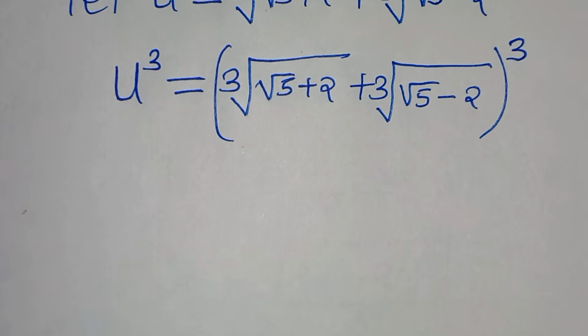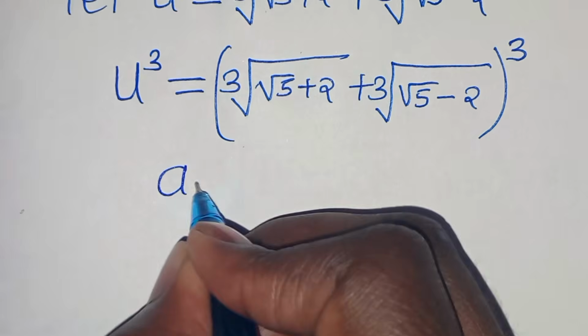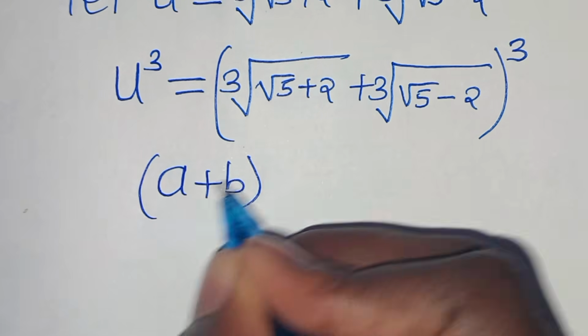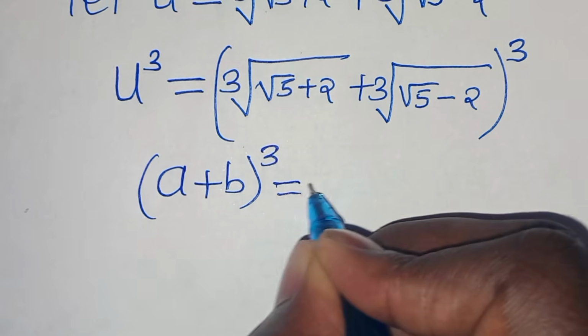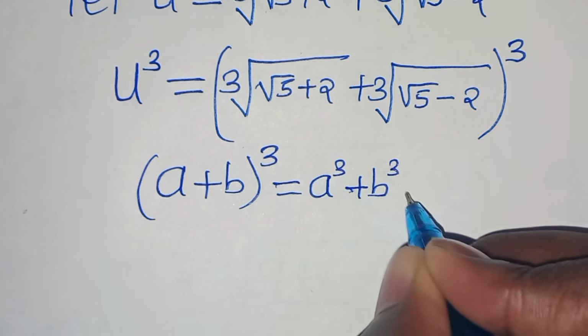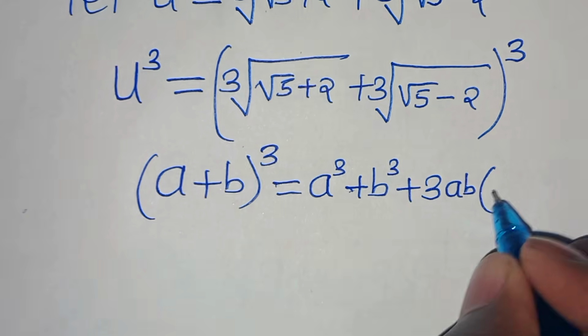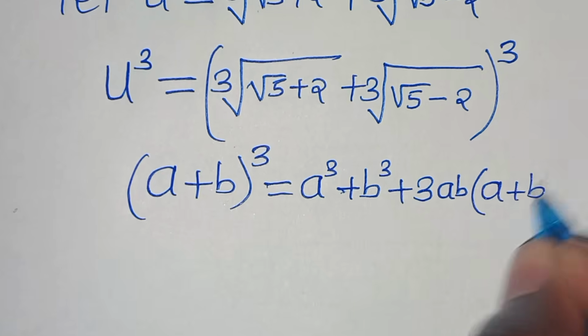Now, we have that this is in the form of (a plus b) raised to the power of 3. This can be expressed as a to the power of 3 plus b to the power of 3, plus 3ab times the parentheses a plus b.